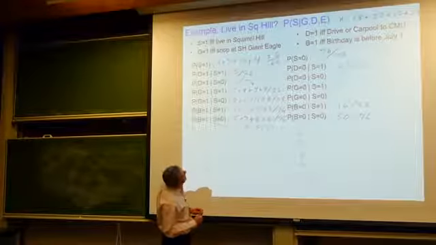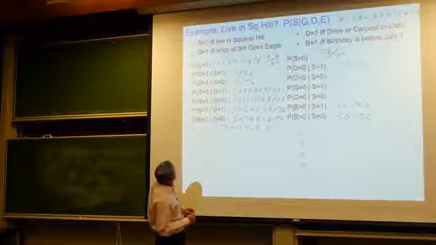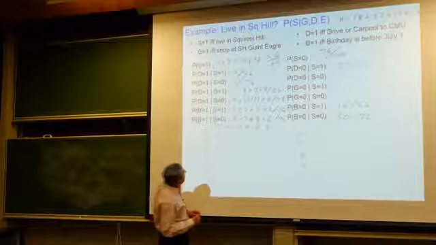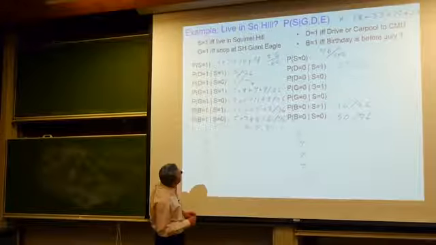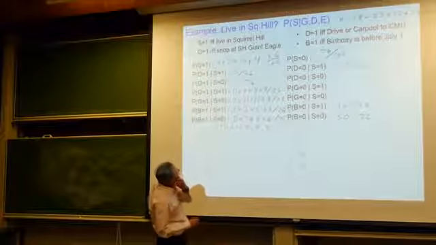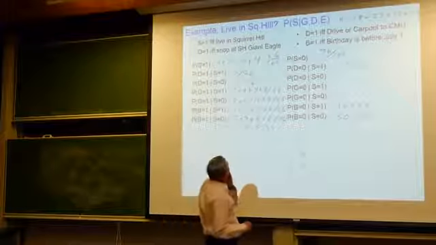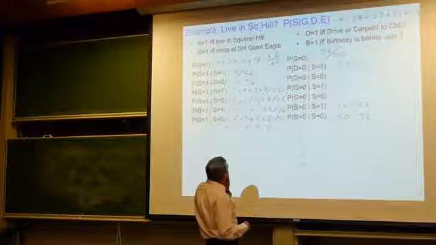Isn't there a 26 out of 26? Yeah, which would lead to a 0. P of G equals 1 given S equals 1, so that would make P of G equals 0 given S equals 1. Which means that if they don't stop at Giant Eagle, that leads to a 0 probability that they live in Squirrel Hill, right?